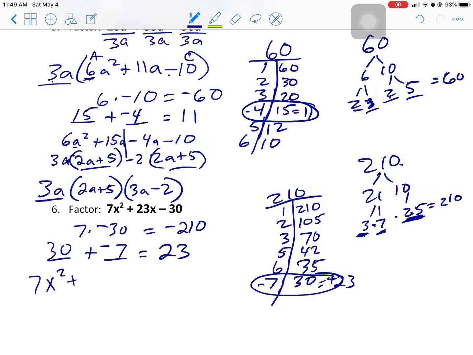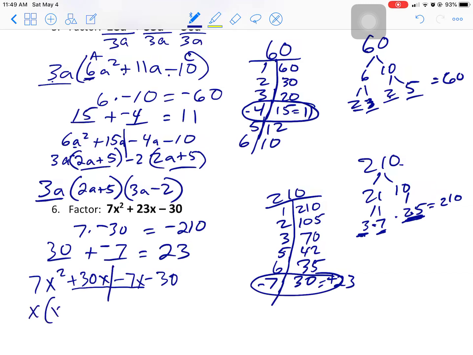Write my new problem. Oops. That's a negative. I think it'd be too confusing to put plus a negative 30, but you can. Minus 30. Oh, I need the x, right? This right here had to equal 23x, and it does. All right, I'm going to divide it in half, take out an x.